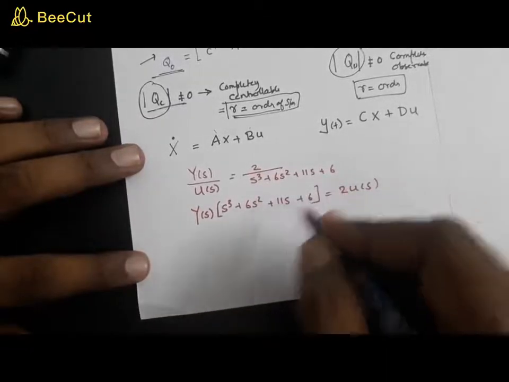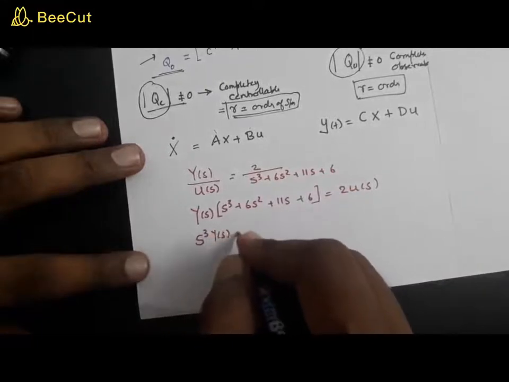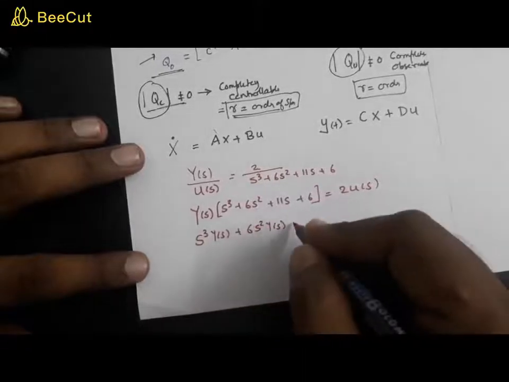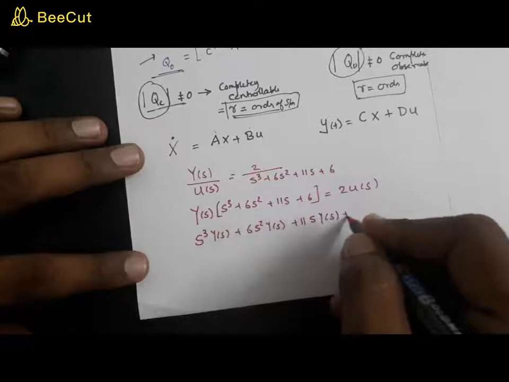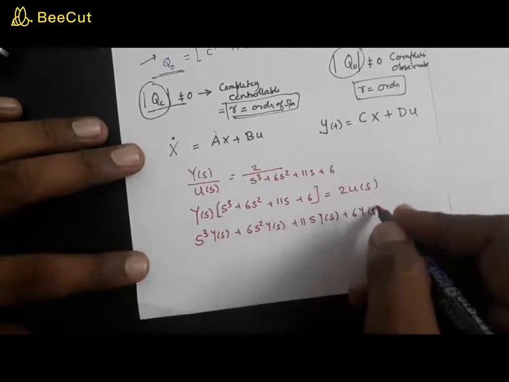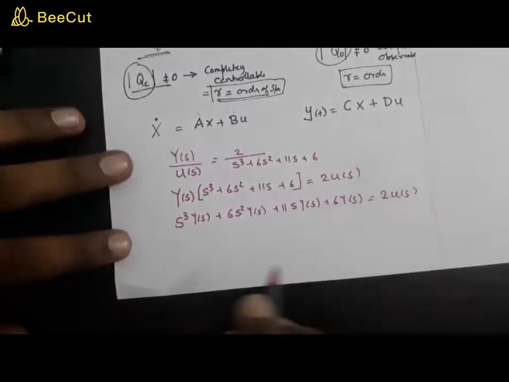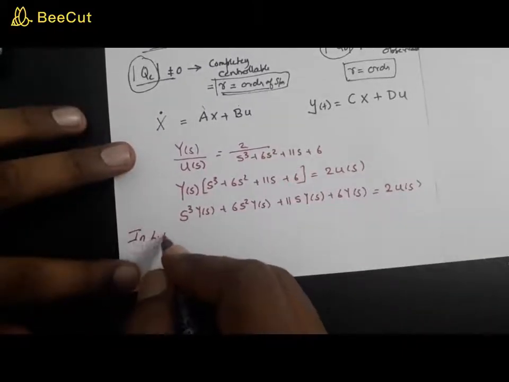Or this is s cube into y of s plus 6 times s square into y of s plus 11 times s into y of s plus 6 into y of s is equal to 2 times u of s. Now from this you need to find the inverse Laplace transform.